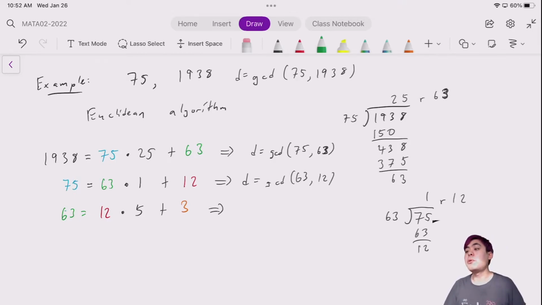Yes, you always have to divide the bigger number by the smaller number, right? Because the other way, you don't get anything. Yeah, so you're trying to get smaller numbers, and so that's why we're doing this process.